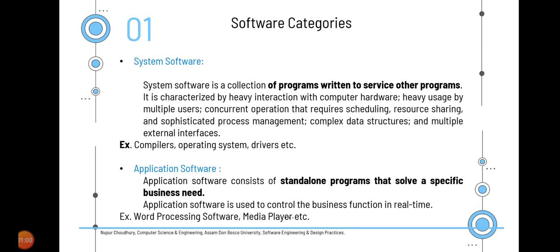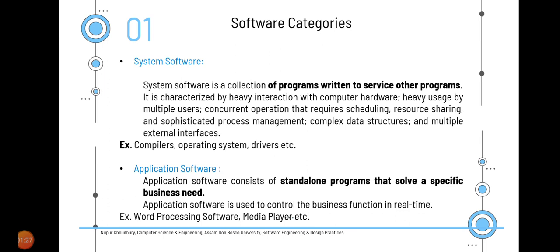They need extensive scheduling and resource sharing and sophisticated process management when it comes to concurrent operation of various components and applications. They use complex data structures and have multiple external interfaces that would be used for multiple functionalities. For example, compilers, operating systems, device drivers, etc.